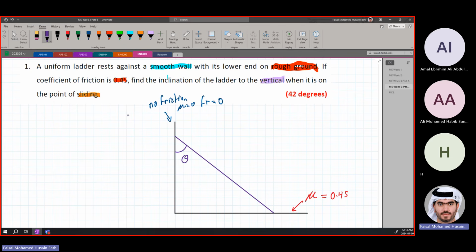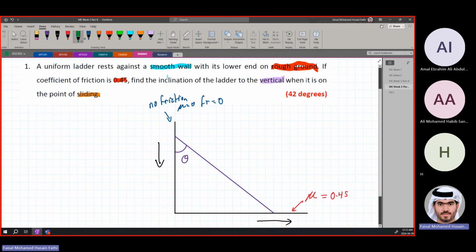Right? Because if this is going to slide, what are the directions it's going to slide in? It is going to slide in this direction, towards the bottom, and in this direction it will slide there. What does this mean? Let me actually put these in black. So it will slide from the top to the bottom, and from the left to the right like that. The wall is smooth, so we don't have any friction force here.